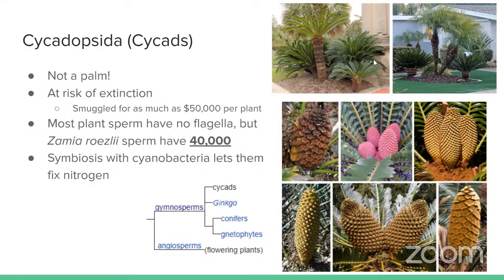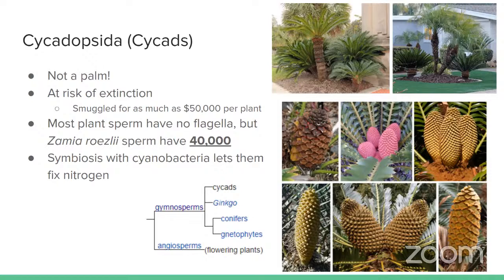Another cool thing about this group of gymnosperms is that this is a plant that has the most flagella and the biggest sperm within the plant kingdom. I don't actually know, possibly also within animals. I don't know who the winner there is. Should ask doctors later. They have 40,000 flagella on their sperm.